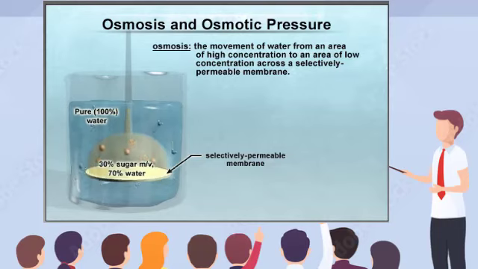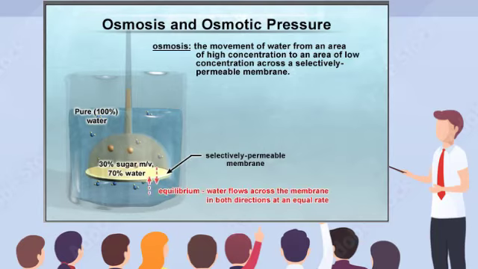Water continues to move across the selectively permeable membrane into the sugar solution until equilibrium is reached. At equilibrium, water flows across the membrane in both directions at an equal rate.